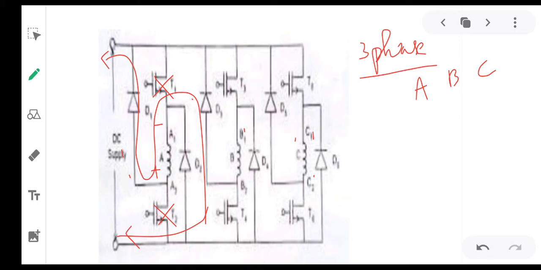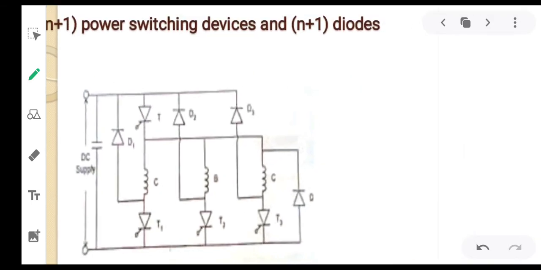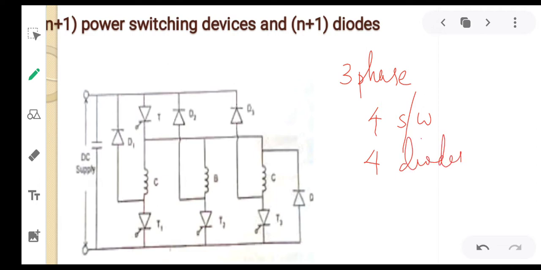Then second is the n+1 switching devices. This is also somewhat similar. Here n+1 switching devices and n+1 diodes. So you are considering 3 phases, so you will have 4 switches and 4 diodes. In the previous case you had 6 switches and 6 diodes, so here there is a reduction.